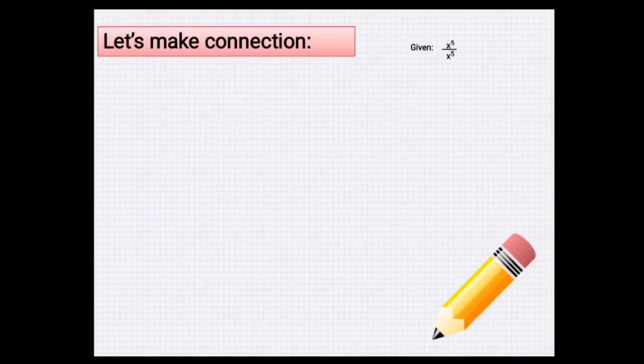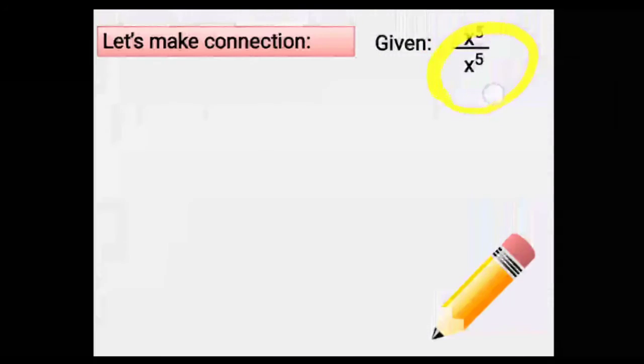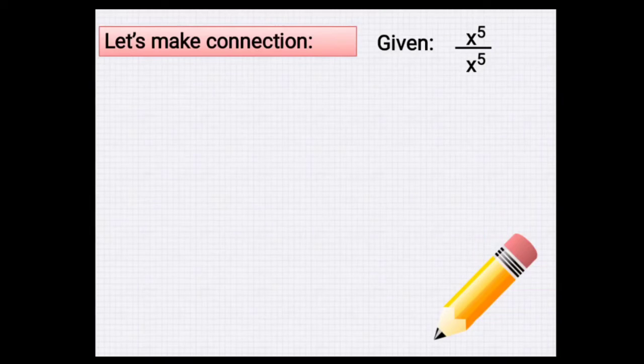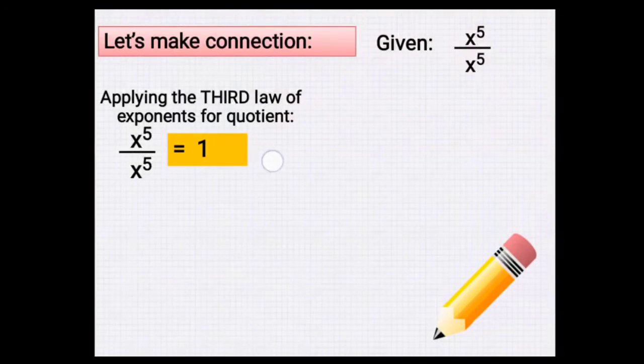So let's make another connection. As you can see, we have x to the fifth power divided by x to the fifth power. In this case, as I said, if you apply the third law, automatic your answer should be equal to 1. So applying the third law, we have equal to 1. That's it.